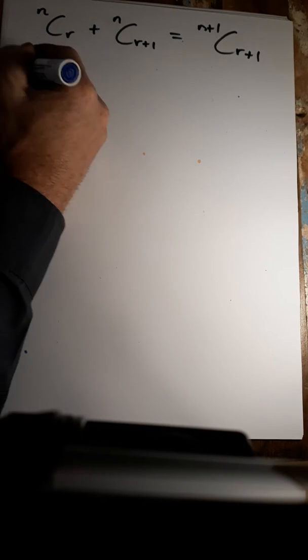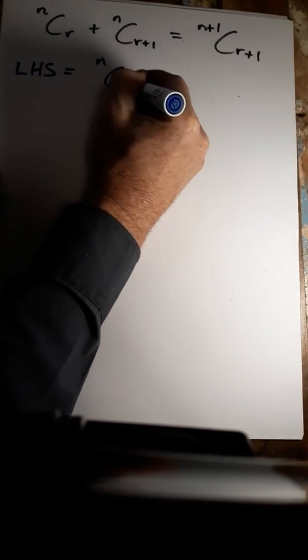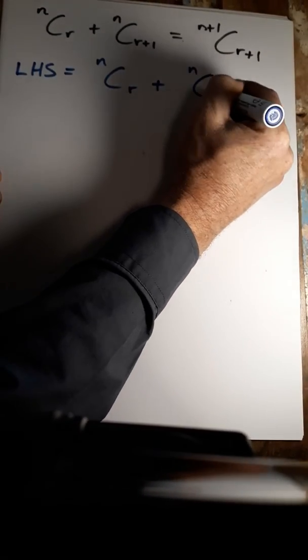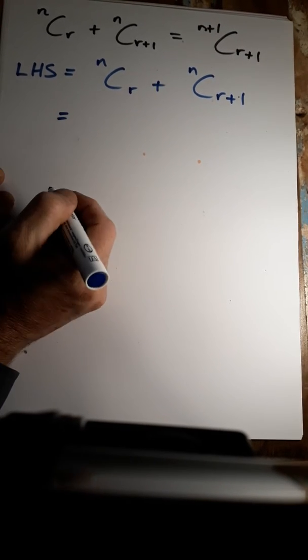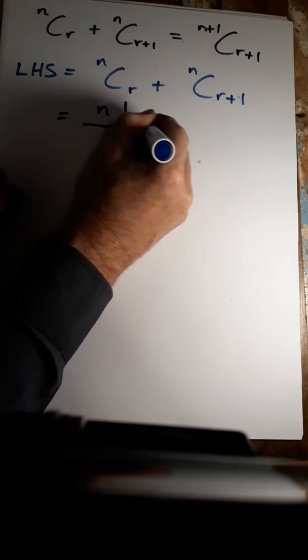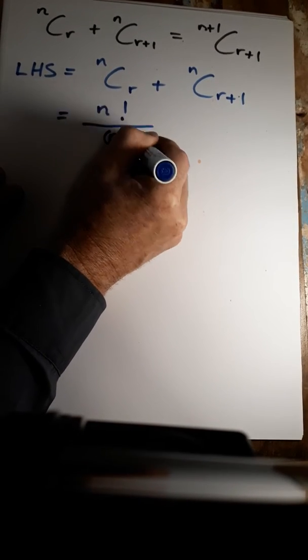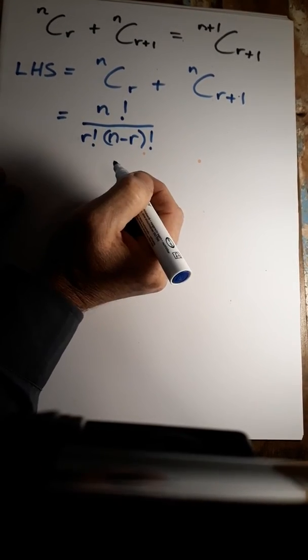So the left-hand side of this is equal to nCr + nC(r+1). In factorial notation, that's n factorial on (n-r) factorial times r factorial.